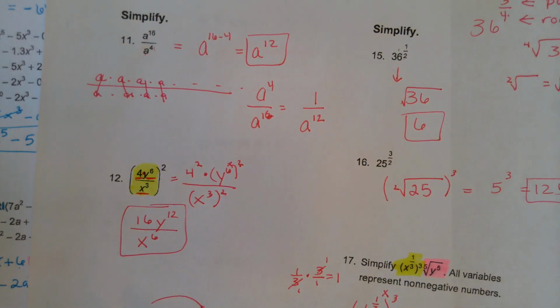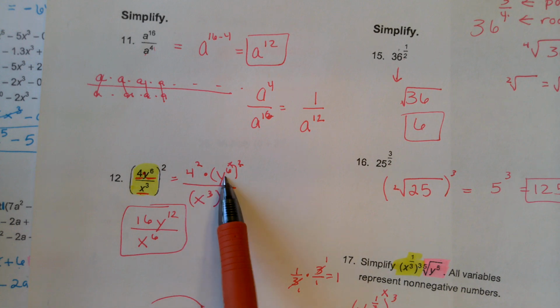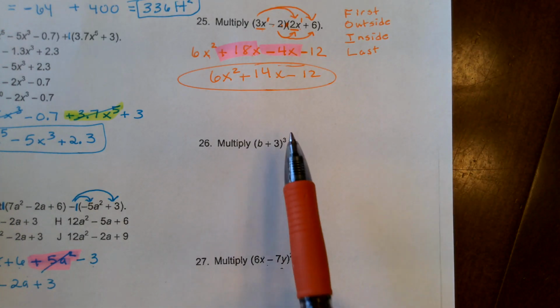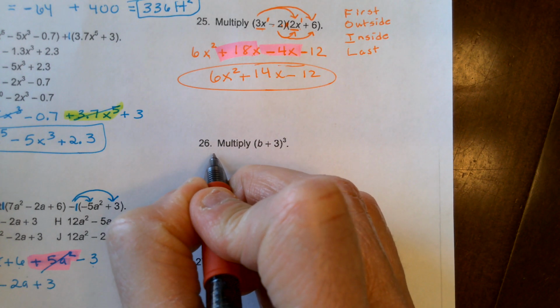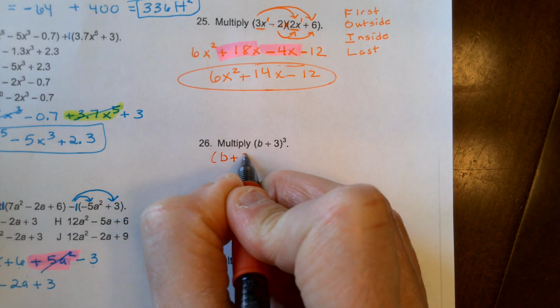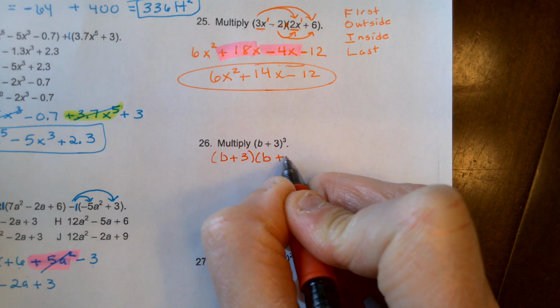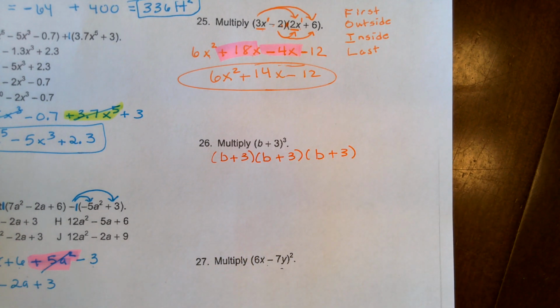Right here. 4 to the second, y to the 6 to the second. Okay, we were multiplying here. Now we're adding. It's not that easy. Okay, you have to literally write this out as a third, which is (b + 3) times (b + 3) times (b + 3). Yes, you have to do it the long way.